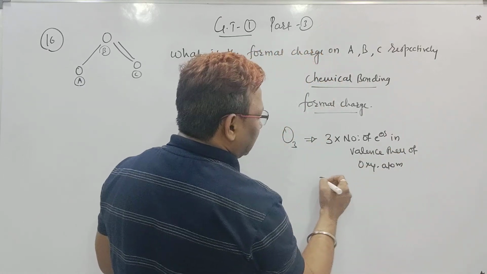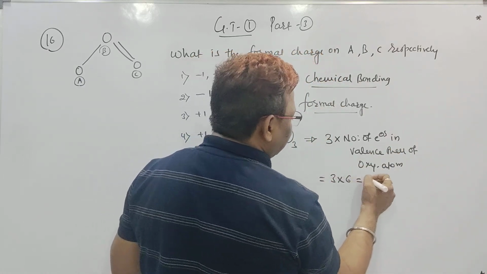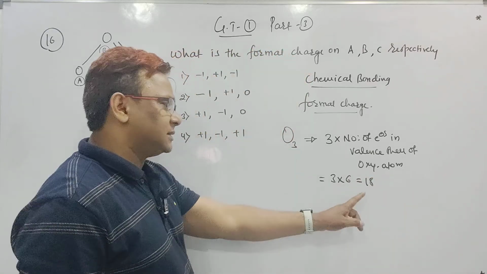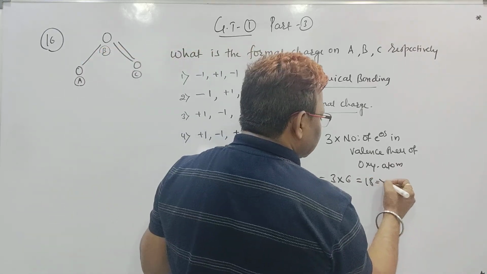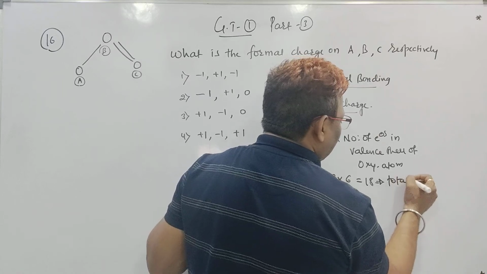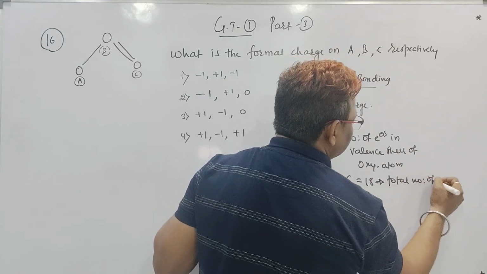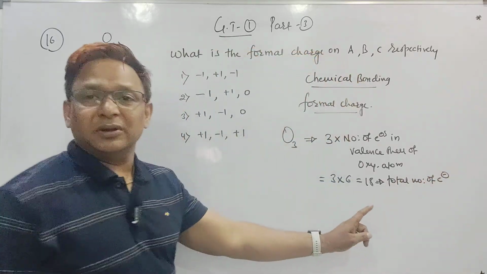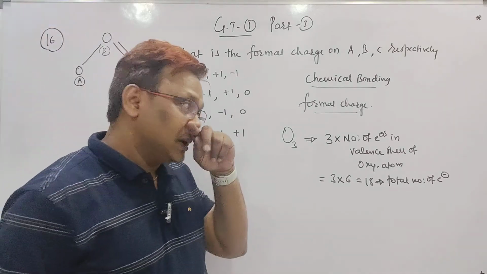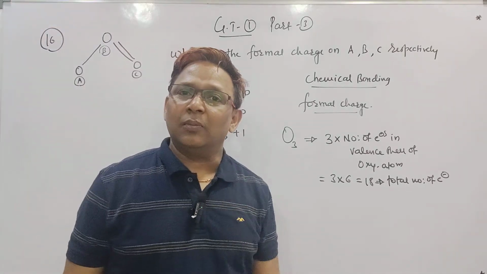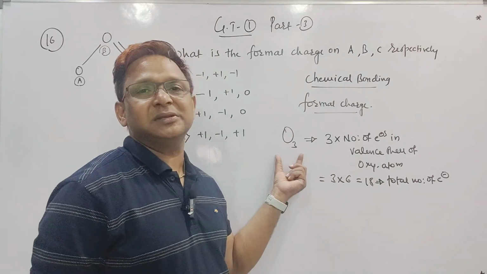If you do this here, what will we get? 3 into 6, that is equal to 18. This 18 is nothing but the total number of electrons.